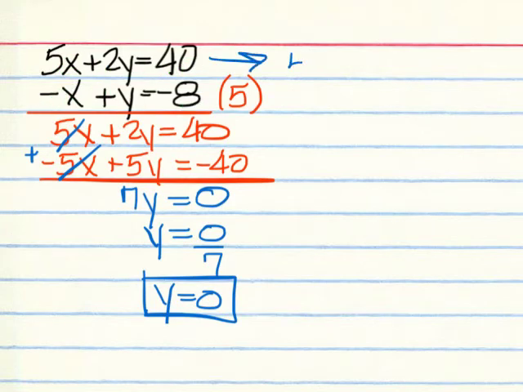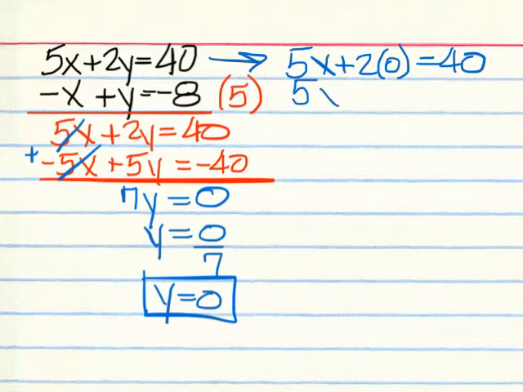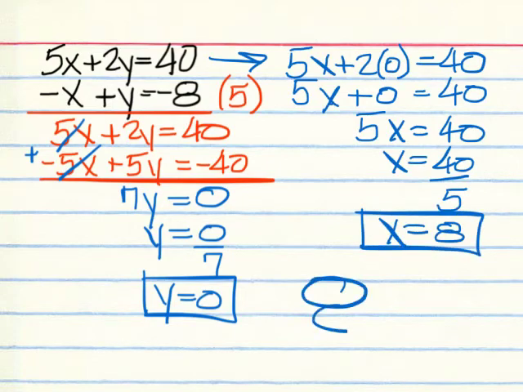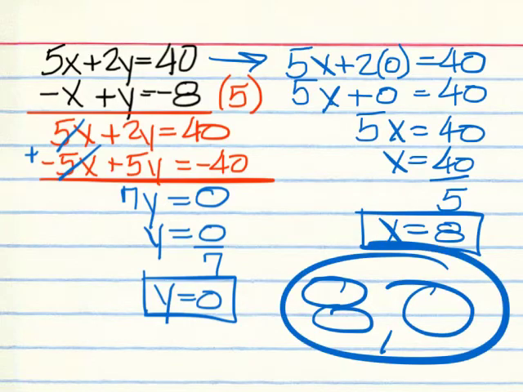I'll choose the top one. 5x plus 2 times 0 equals 40. Of course, that's going to be 0, which you can then drop and be left with 5x equals 40. Divide 40 by 5. Get an answer of 8. You should have 8, 0 for your final answer.